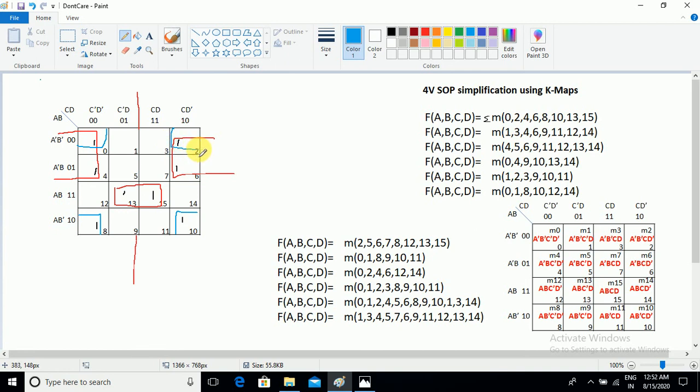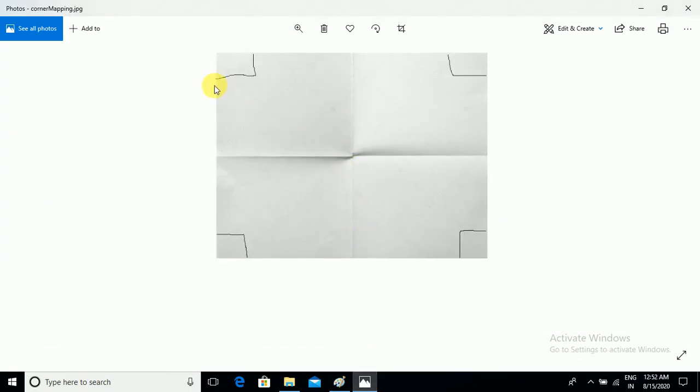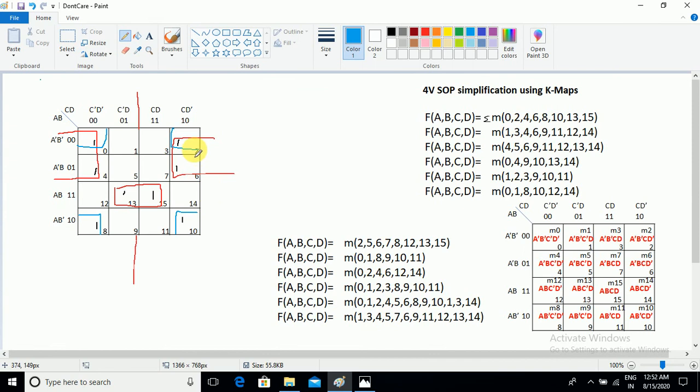Let's practice more examples on corner grouping later, but here I am only introducing the concept. The corner grouping is based on the paper folded in 2 levels, then these 4 corners touch each other, and these 4 corners also create one group. Based on this concept we create one group, and the remaining are all common, as in the previous rules.